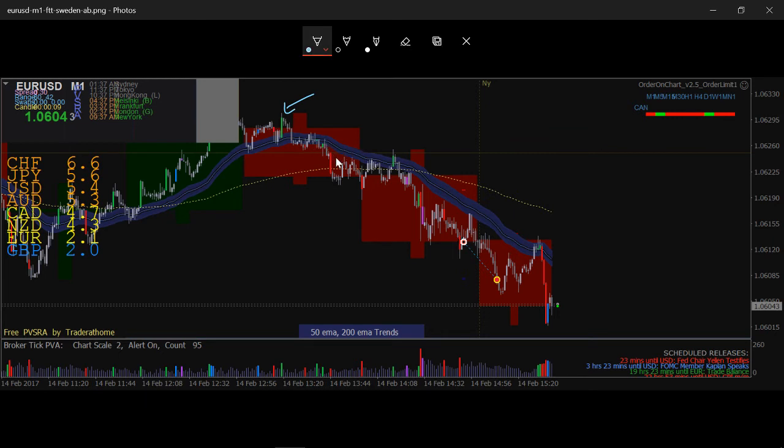This was not really a top because it didn't have the bullish retrace to then come back. So this one I don't really consider, but I consider this one. Another lower top. Then I consider this one because it tried to go up but then failed.